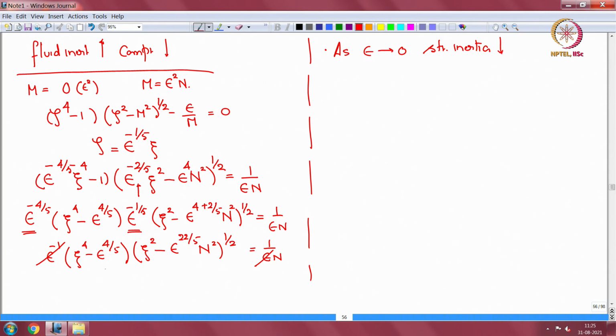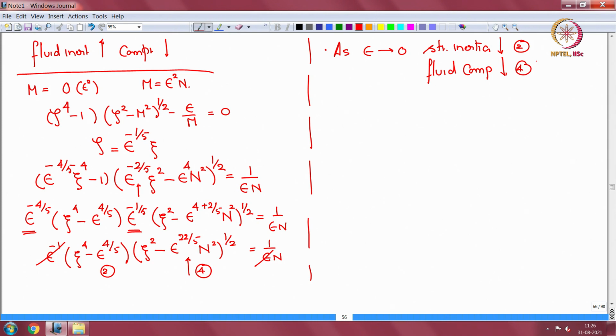And then fluid compressibility, term 4, also starts to lose.